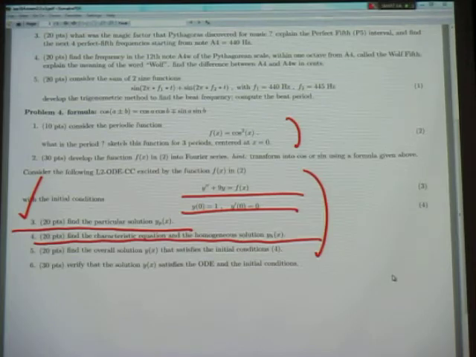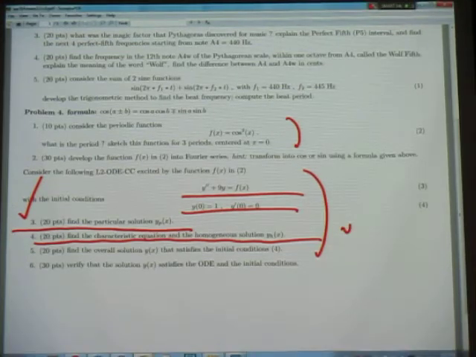So essentially, maybe let me write over here.